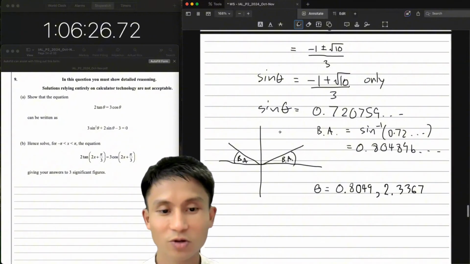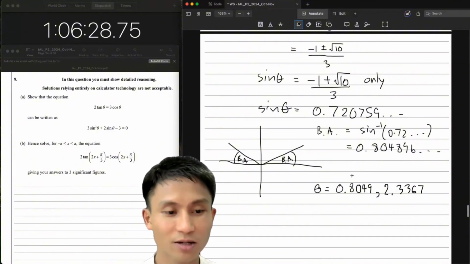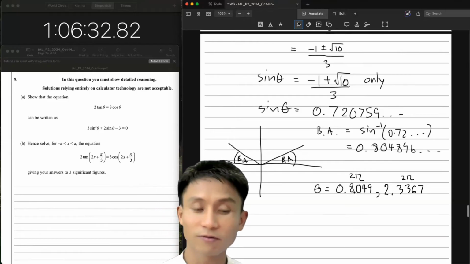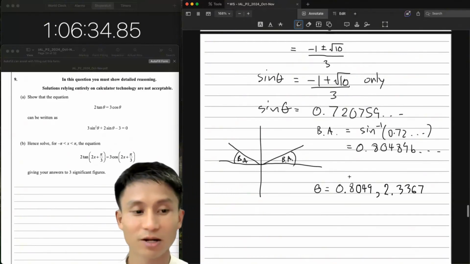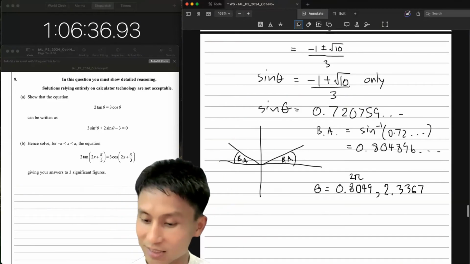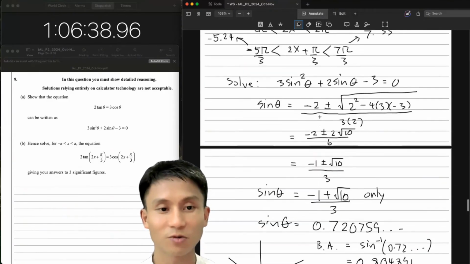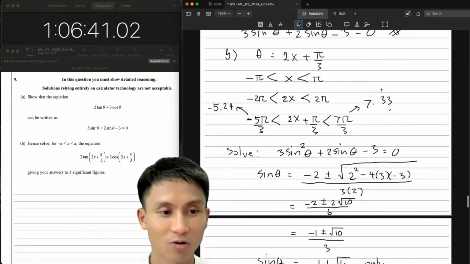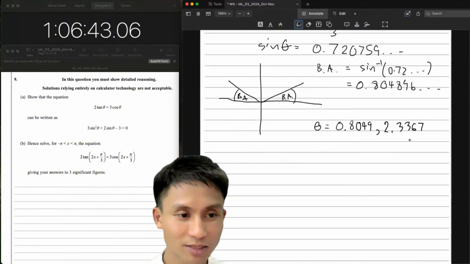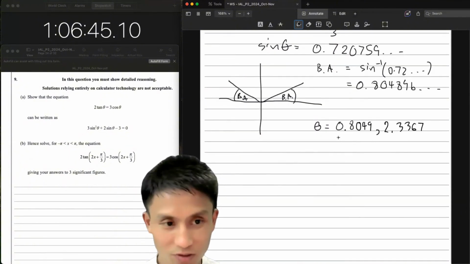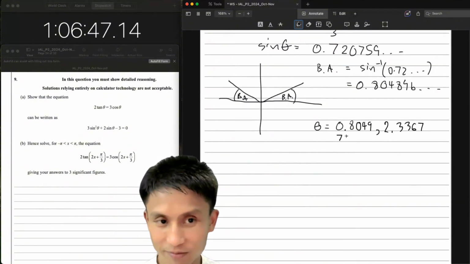When you get these two angles first, you have to try adding 2 pi to both of them and then see if it exceeds. When I add 2 pi to this one, it doesn't exceed. It gives me 7 point something, which is less than our upper bound. So I still have to account for this new one.